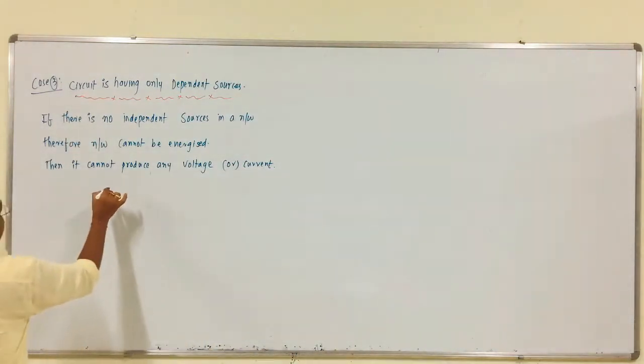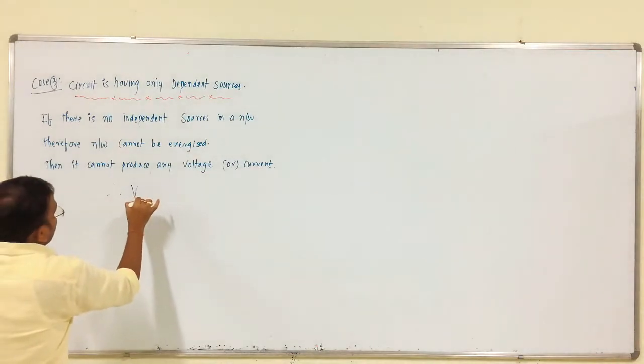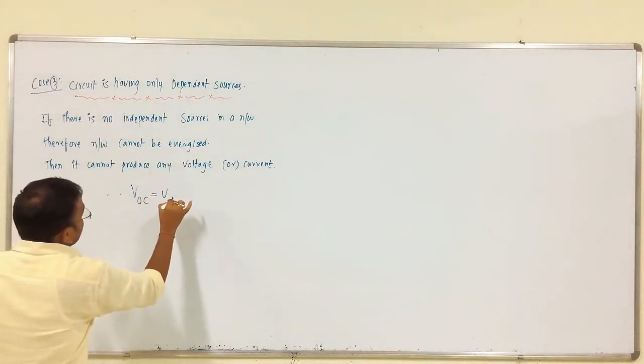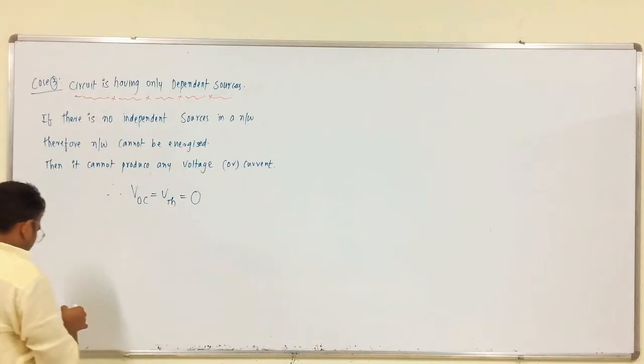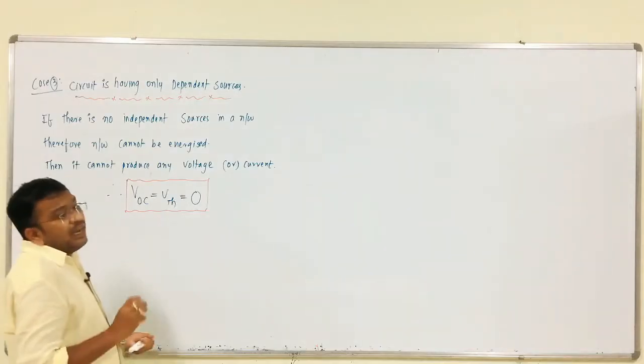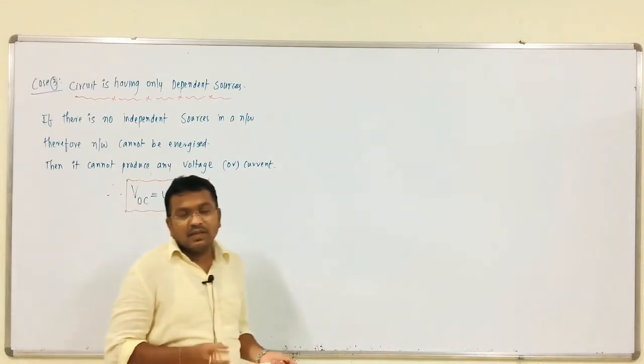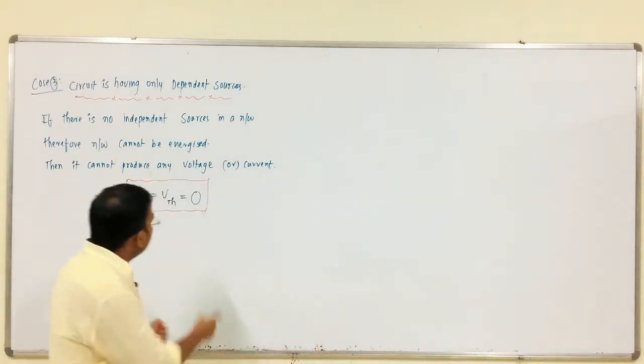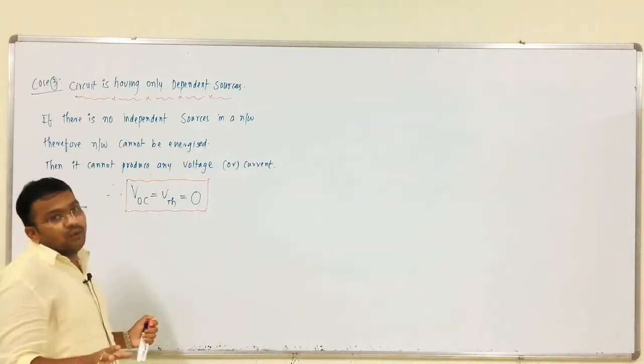Therefore, VOC, which is equals to VTH, is 0. This is very important. If we have only dependent sources without independent sources, then the value of VTH is equals to 0.